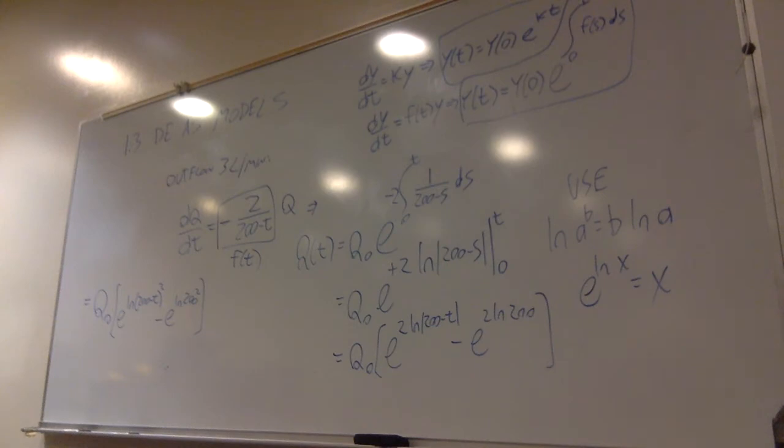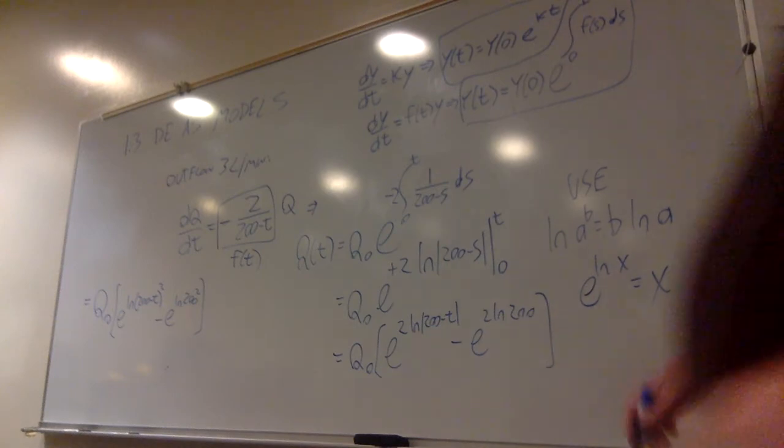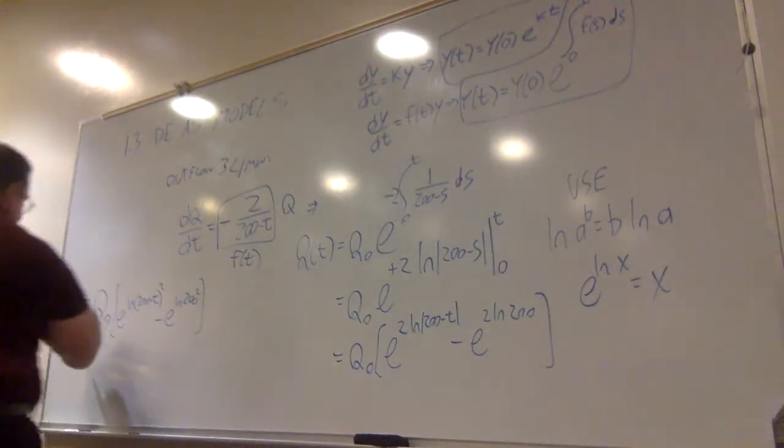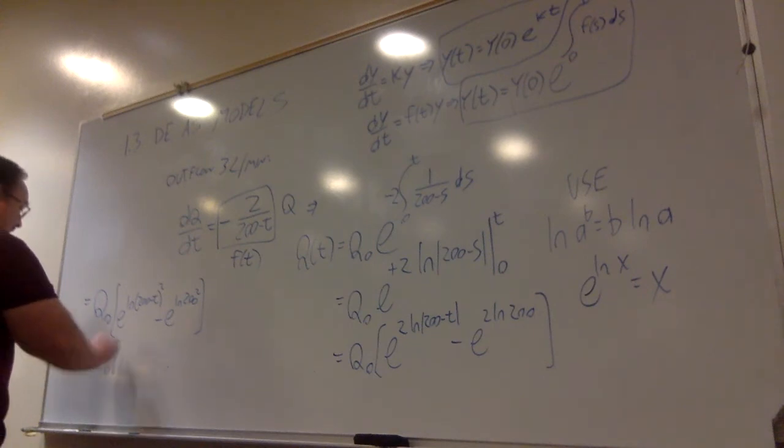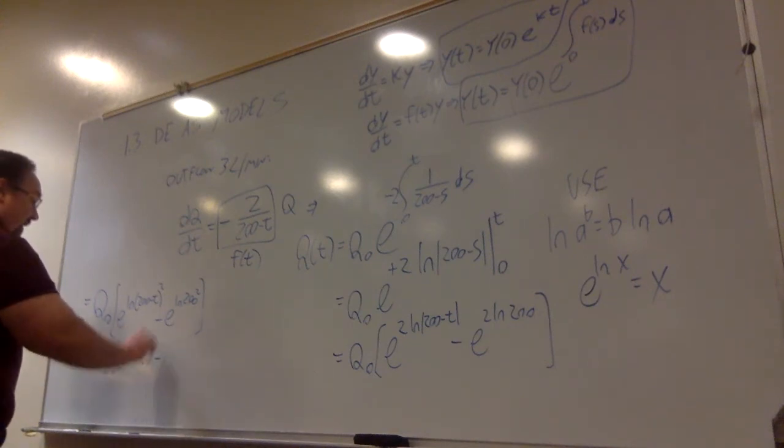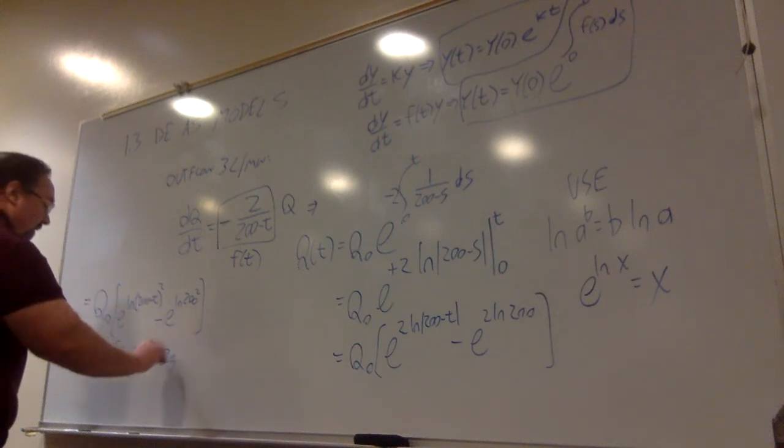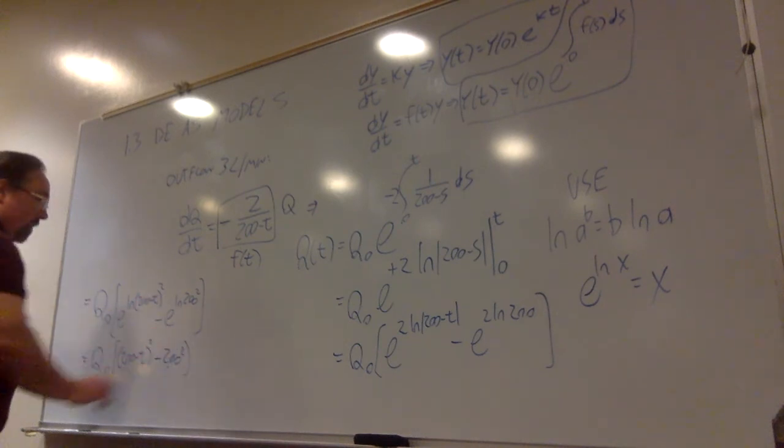By moving the 2 out of the way, now I can. So it's 200 minus t squared minus 200 squared.